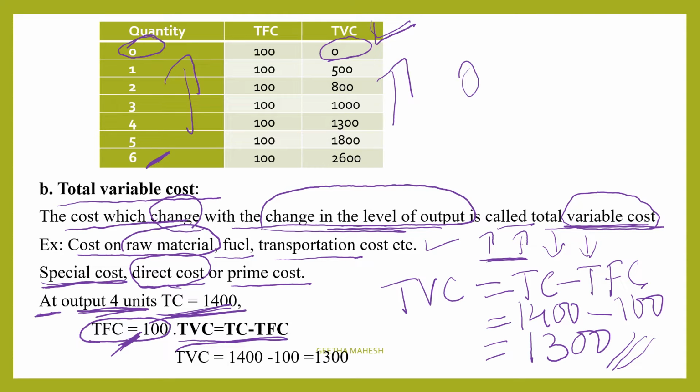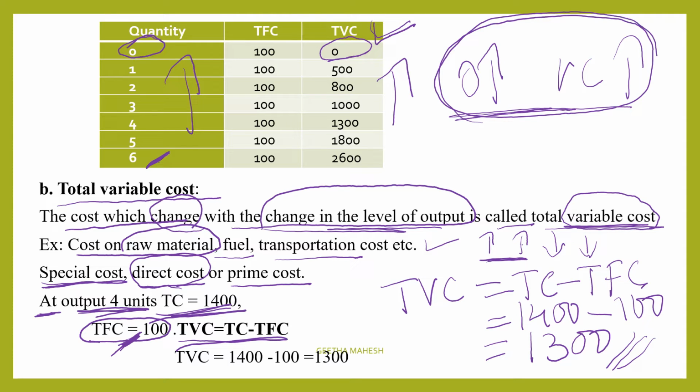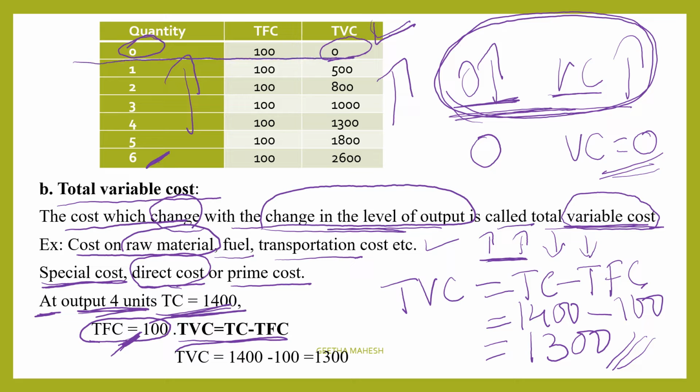If output is going to increase, then variable cost also increases. So it is called direct cost, as there is a direct relationship between variable cost and quantity of output produced. When output is 0, total variable cost is also equal to 0, as shown in the diagram.